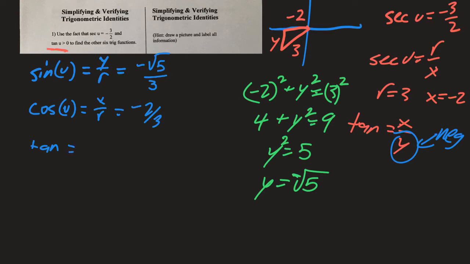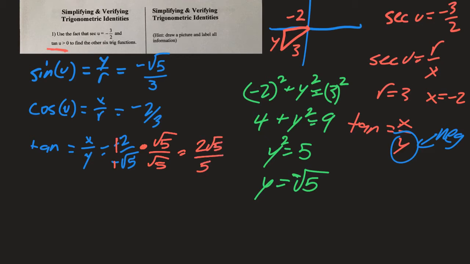Tangent is going to be y over x, and we have -√5 over -2. Both of those are negative, so the negatives will cancel each other out, and we're going to have to make sure that we rationalize this. So we're going to multiply by √5 on top and bottom, and I'm going to get 2 square root 5 over 5 for my tangent.